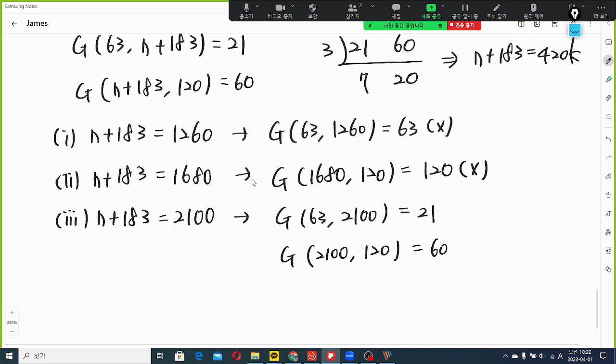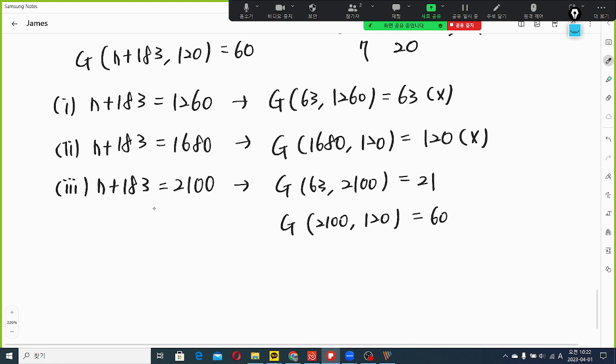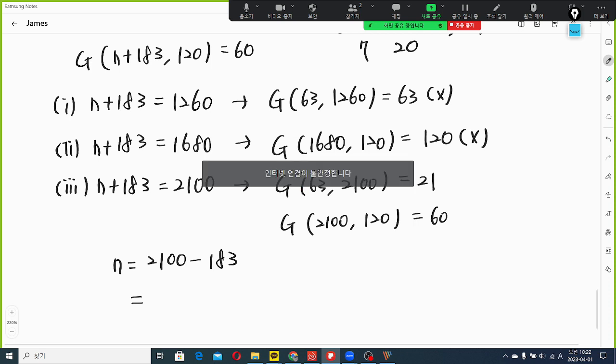So to find the value of n, subtract 183 from 2100. So what's the difference? Can you find the difference between 2100 and 183?